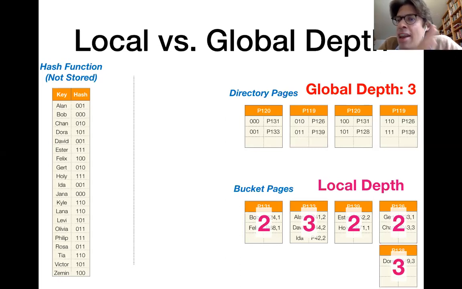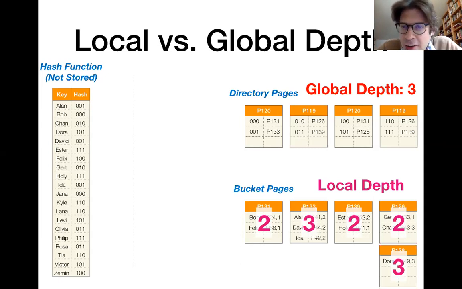That means whenever you know that the last 2 bits of the hash function are 00, you can be sure that the corresponding entries are associated with page number 131. So in order to know that page number 131 is interesting to you, you only need to consider 2 bits, and that is why the local depth for page number 131 is 2.